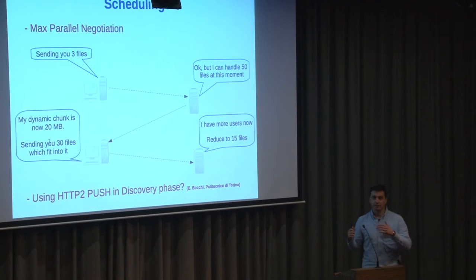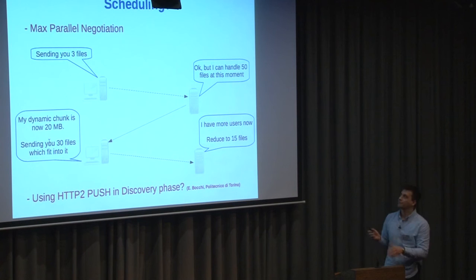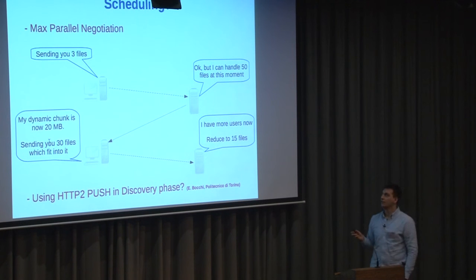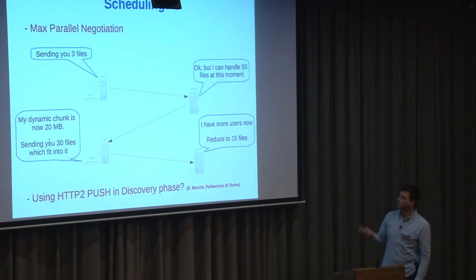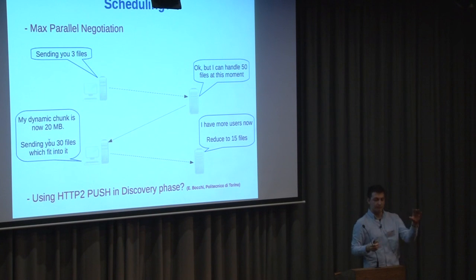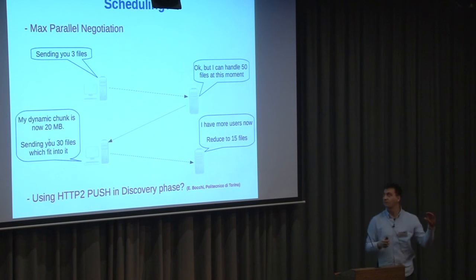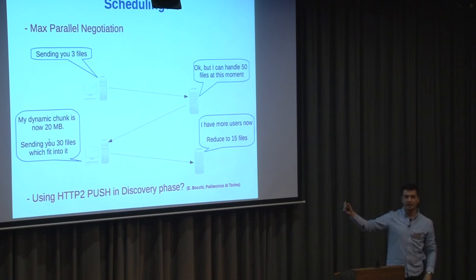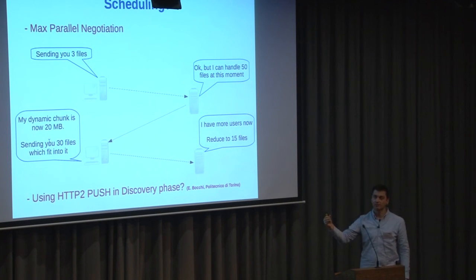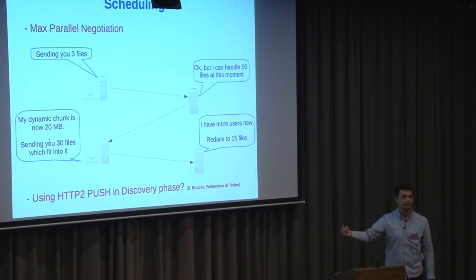I also tried to figure out new ways we can throttle the traffic, to utilize the HTTP2 capabilities, and one of the solutions might be max per negotiation. With the transfer, we announce, okay, I am now sending 3 files. The server gets this feedback and says, okay, you are sending me 3 files, but I am capable of accepting 50 files.